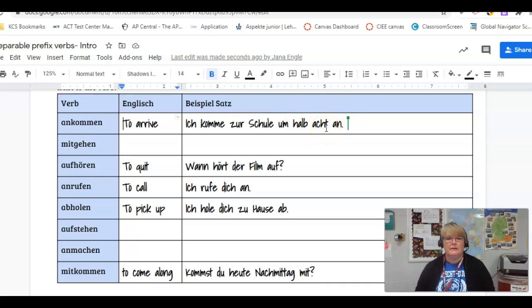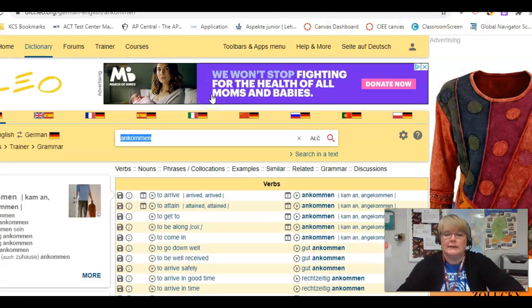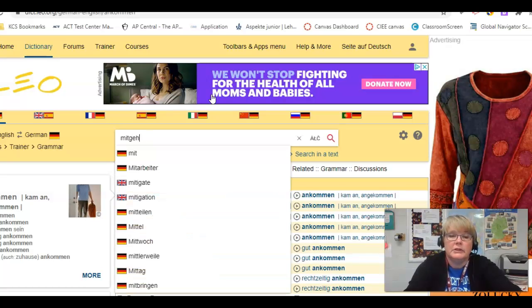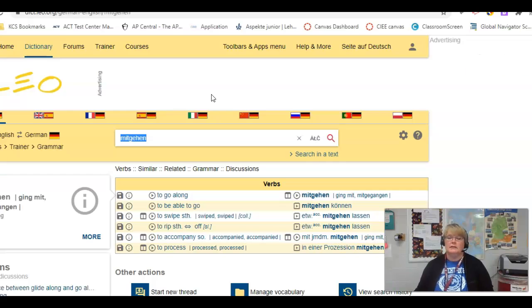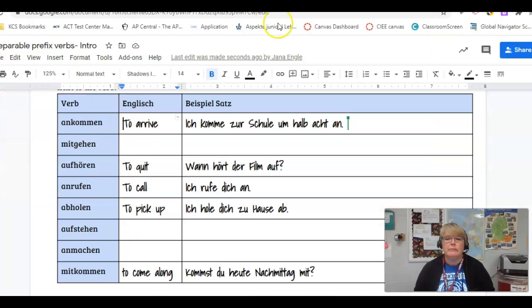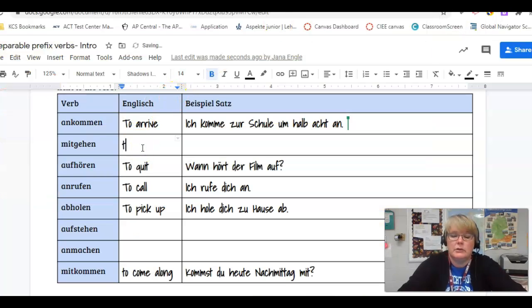Also look at our next one, mitgehen. Let's go over here and do mitgehen. Don't put the space. Mitgehen, to come along, to go along.